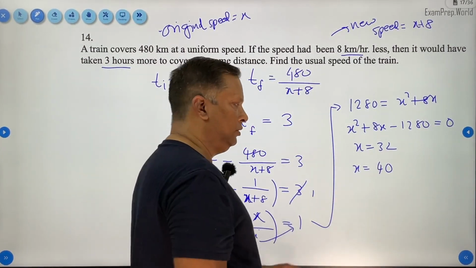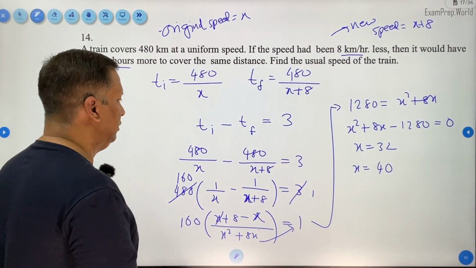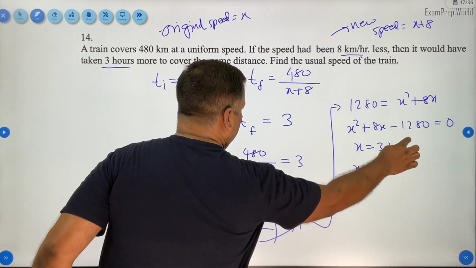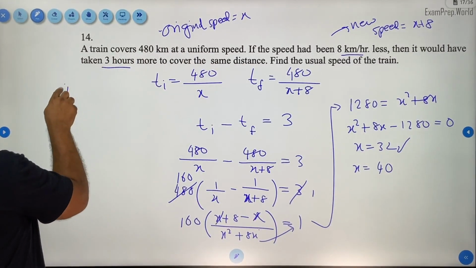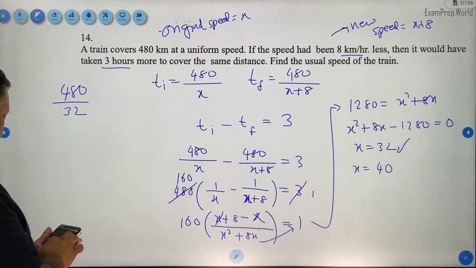Which one should I take? 32, right? 32 is the one we should take. So we will also see if we are getting the right answer. The speed should be 32. Let us see, 480 divided by 32.